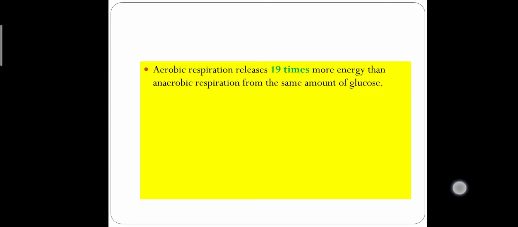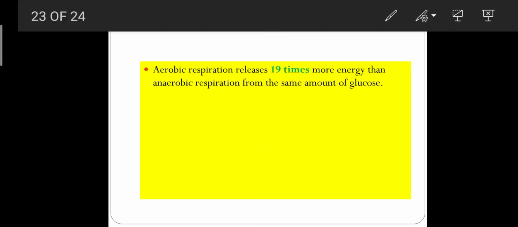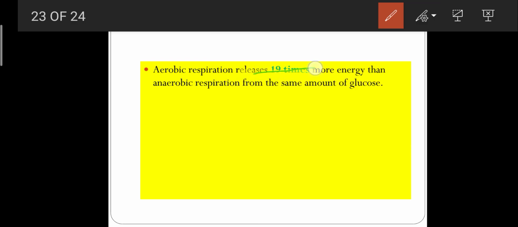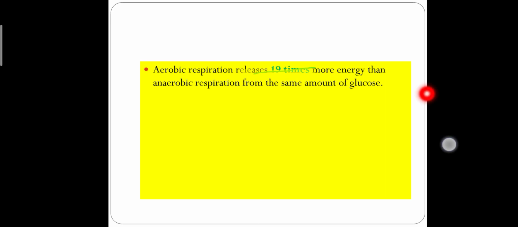We can say that aerobic respiration releases 19 times more energy than anaerobic respiration from the same amount of glucose.